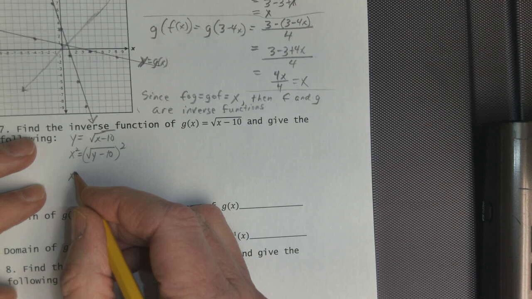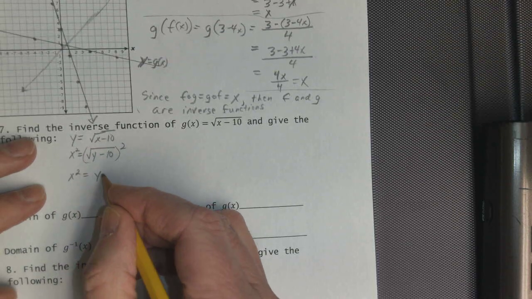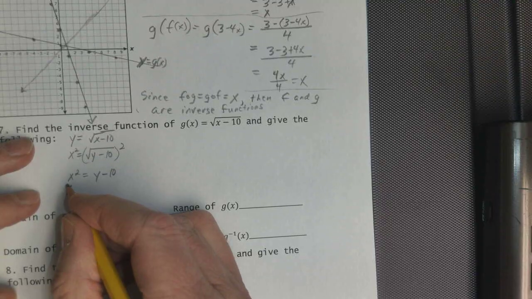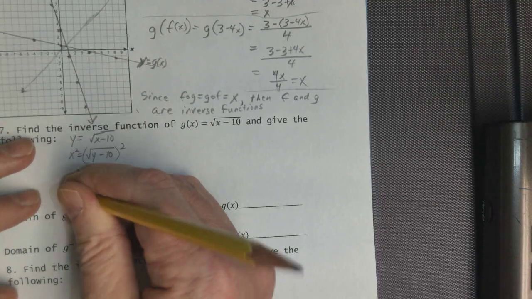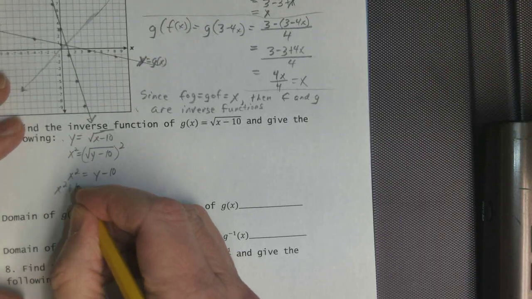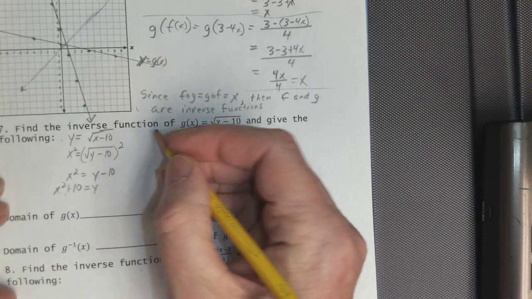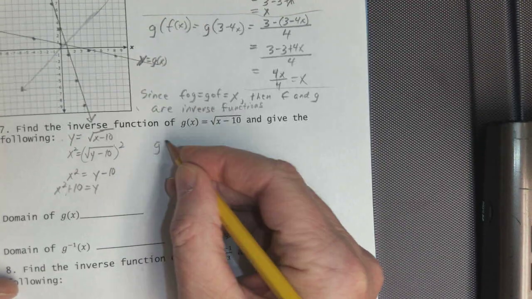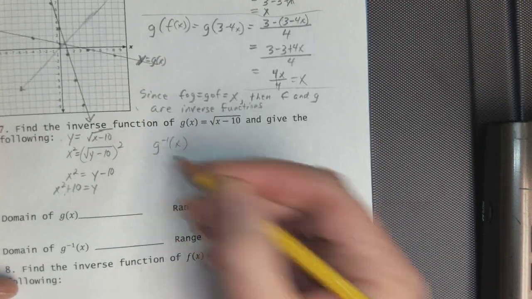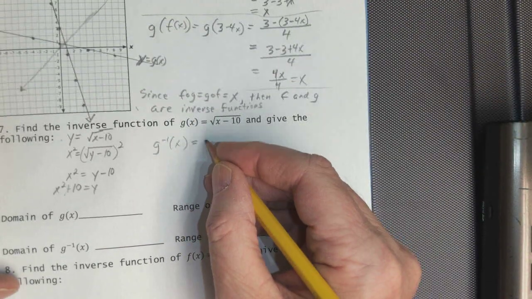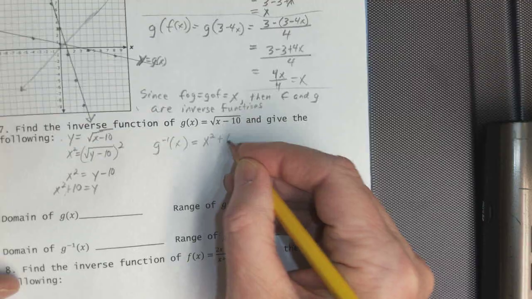I got x squared equals y minus 10. Add 10 to both sides. I've got x squared plus 10 equals y. So I'm going to write g, the inverse of g of x is equal to x squared plus 10.